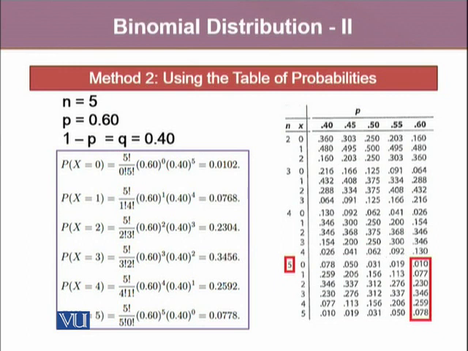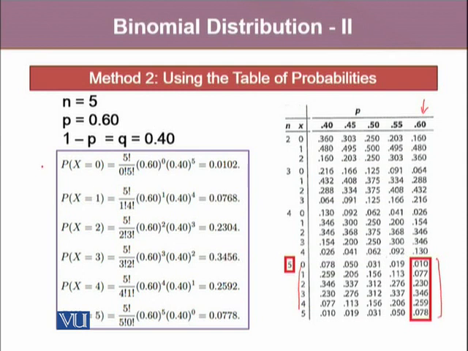Using the example we talked about earlier, when we were seeking 4 successes out of 5 and we constructed the whole probability distribution, let's look at the probabilities in this table. When n equals 5 and x can possibly take values 0, 1, 2, 3, 4, and 5, our probabilities with P 0.60 are given right here.